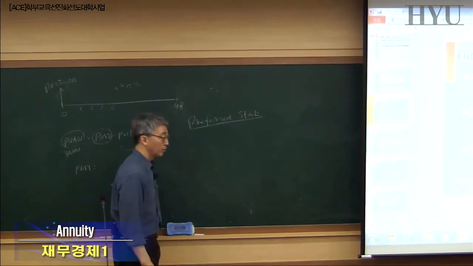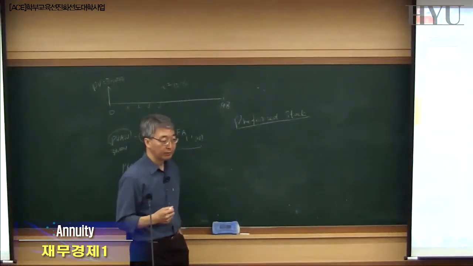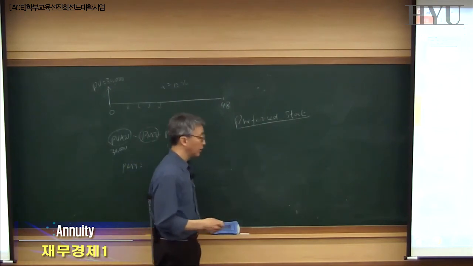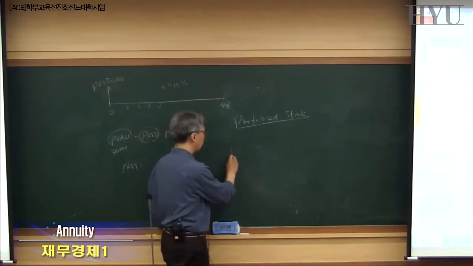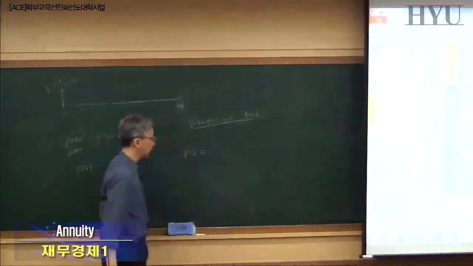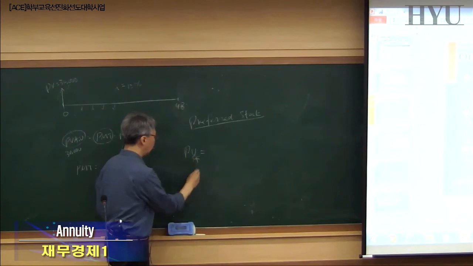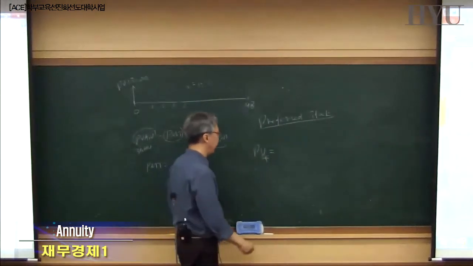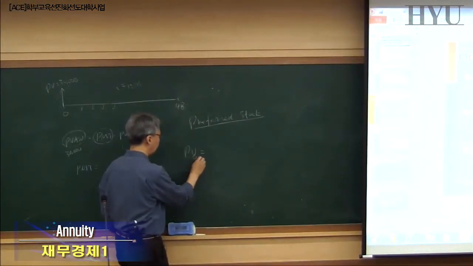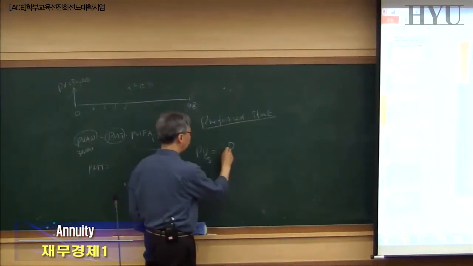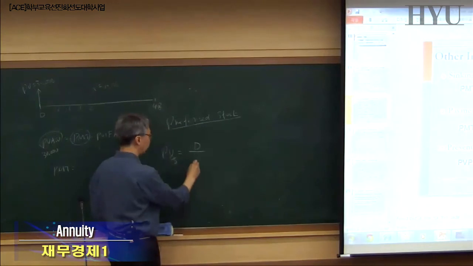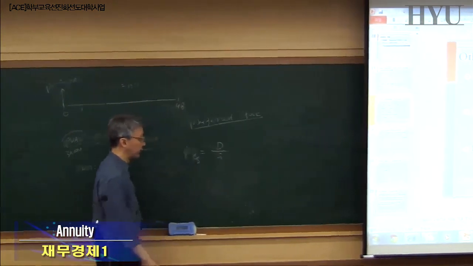So if you are holding preferred stock of AT&T or any company, what's the value of your preferred stock? You can calculate the present value of preferred stock, or PS. That's simply your dividend payment divided by the interest rate.